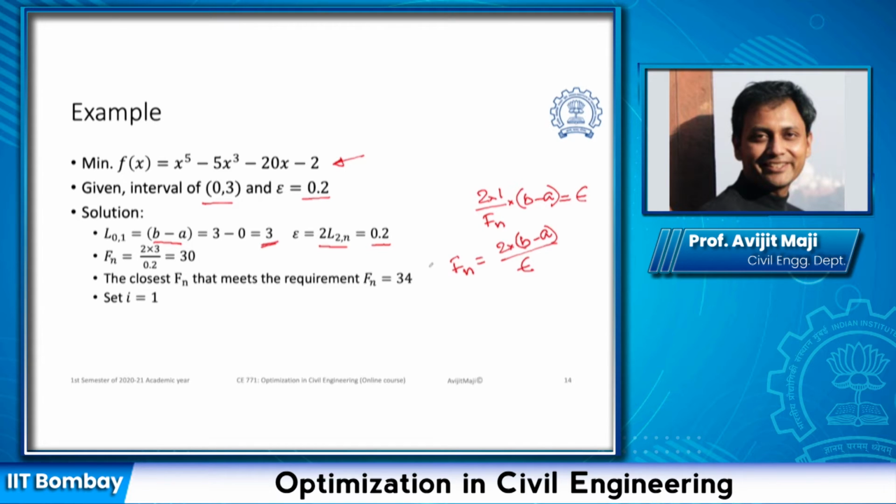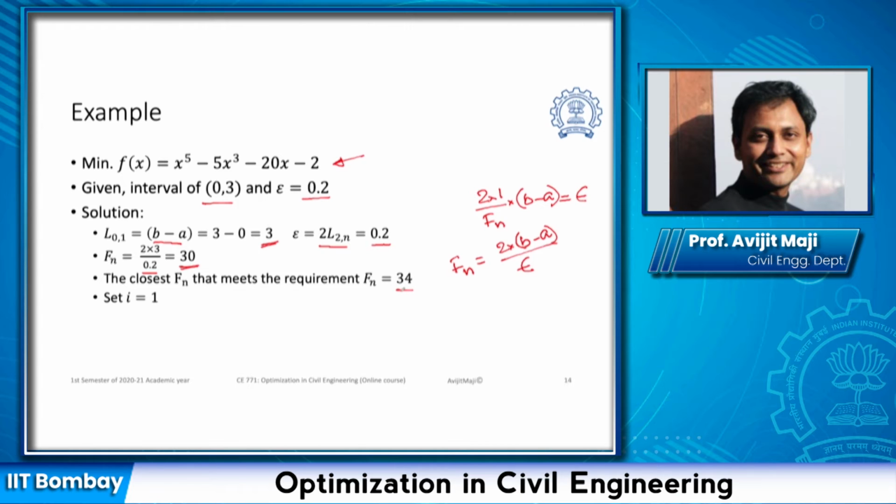So once we fit this in this particular problem, we are seeing that it is going to be 2 times 3 divided by 0.2, which is going to give us 30. Now if you look into the Fibonacci series, there is no number 30. The closest number which is higher than that is going to be 34.